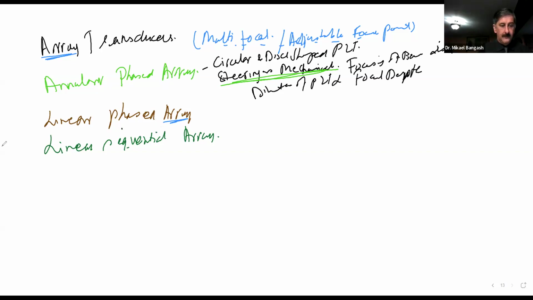Another kind of array transducer is going to be curved. It can also be called convex, or curvilinear. And of course, that is also an array transducer.